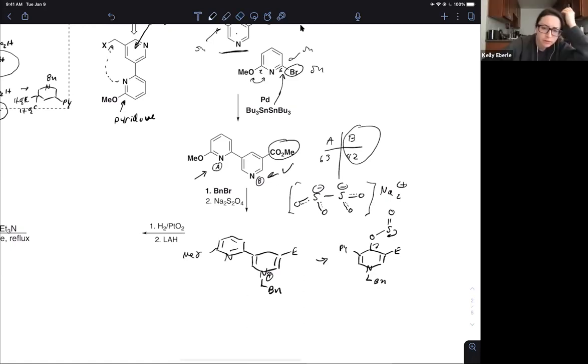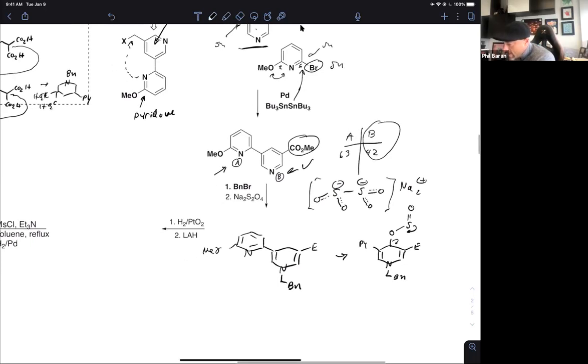Phil, would you see any reduction of the other pyridine, or do you need the activation from the alkyl group in order for that to go? If you don't have the activation, it's out. You're out of luck. Not going to happen.